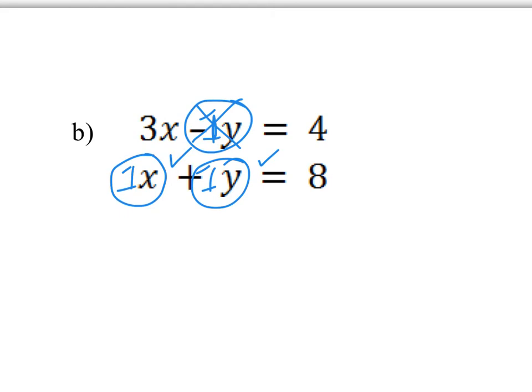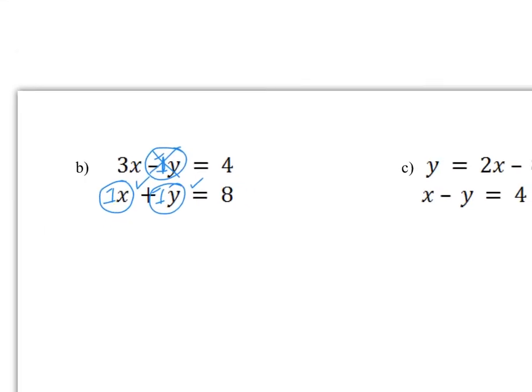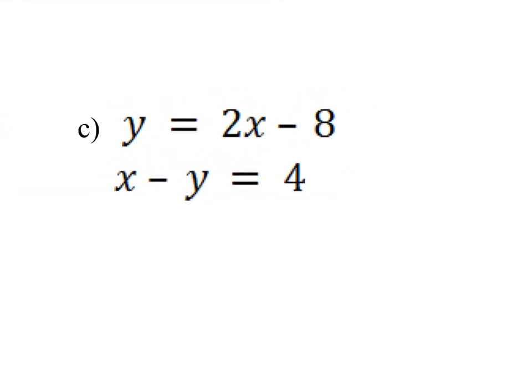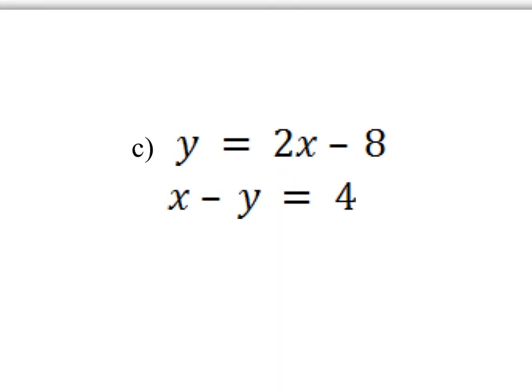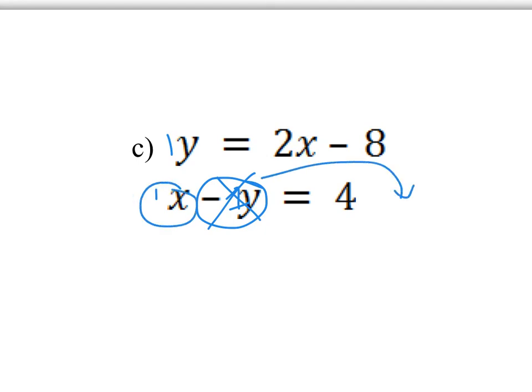You're going to check your solutions in the lesson page that I provided on Google Classroom. Look at C now. The first step is to isolate for a variable that has a 1 in the front. This y has a 1 in the front, this x has a 1 in the front, and this y has a -1 in the front. So I know that this -1 is no good. But this x, I could solve for that by taking this -y over, sure, no problem.